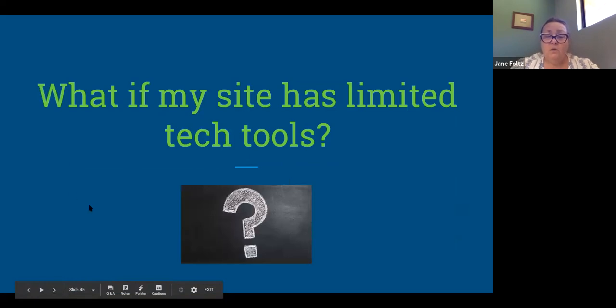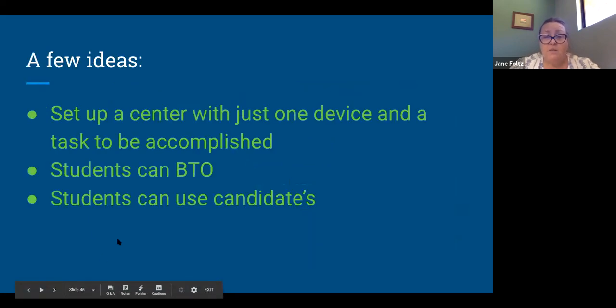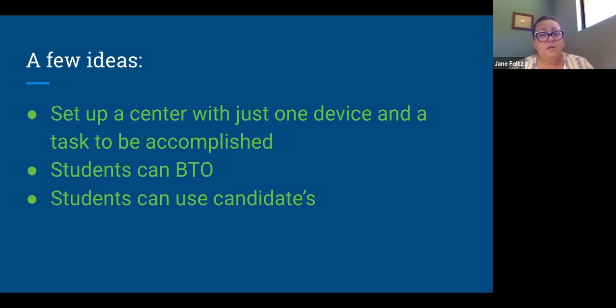Okay, and so you can see there are some options for the littles, but what if your school site has very limited tech? That means that you have a few options. Your candidate can set up a center with just one device and a task to be accomplished in small groups, possibly. That's probably optimal. If you were to do stop motion animation, that would totally work.